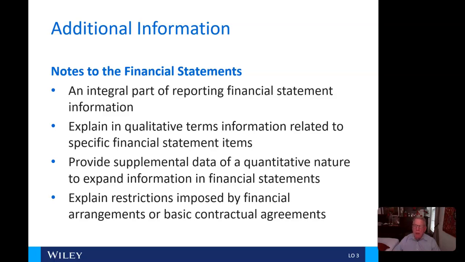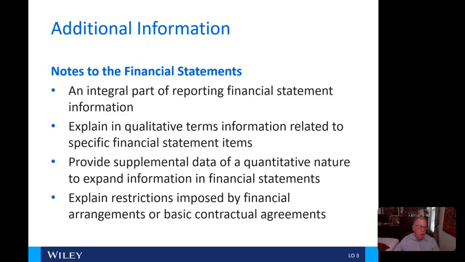It also provides supplemental data of a quantitative nature to expand information in the financial statements. And lastly, it explains restrictions, perhaps, imposed by financial arrangements or basic contractual agreements.